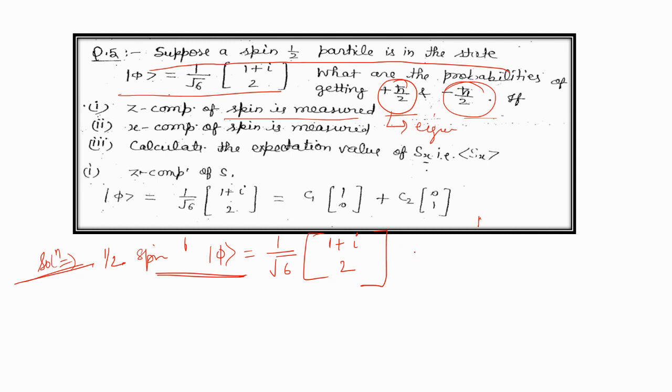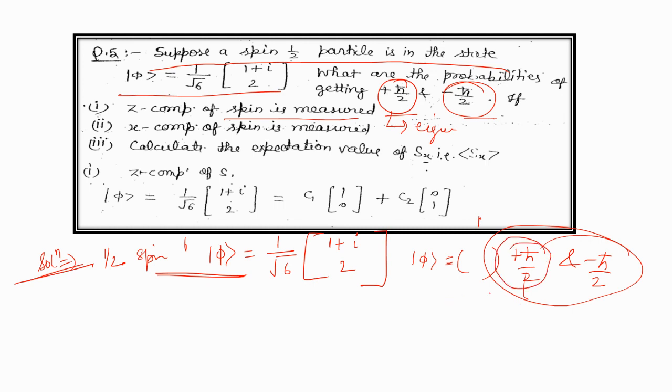Suppose this eigen wave function has some eigenvalues and it is given to us h cross by 2 and minus h cross by 2. So these are two eigenvalues of this spin half particle that is in some state. So you are asked to find out the probability of finding the particle. Sorry, they are asking in the question what is the probability of getting these values.